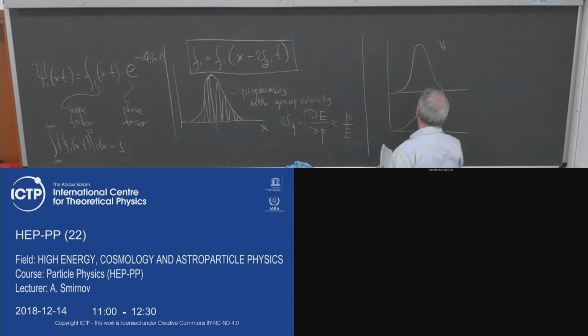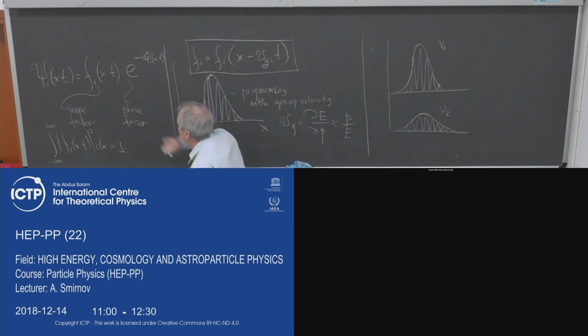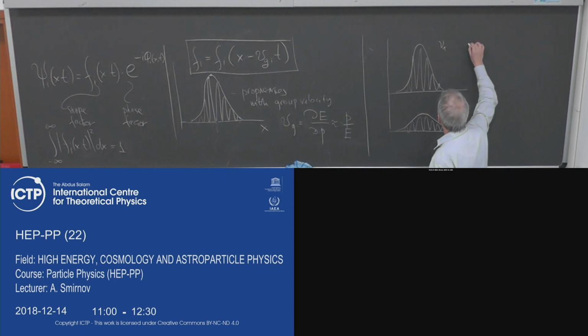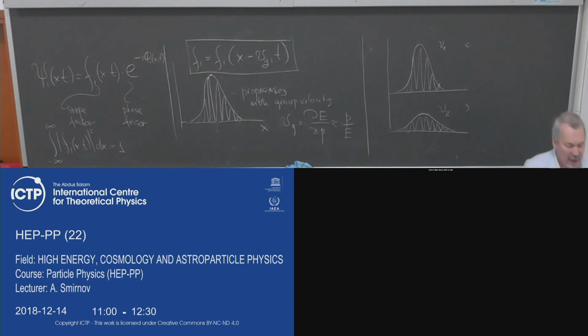And then the second one is described by this wave packet. And so they have these oscillatory patterns according to this expression. So I multiplied this by cosine, and this is sine. Otherwise, they would have the same shape.